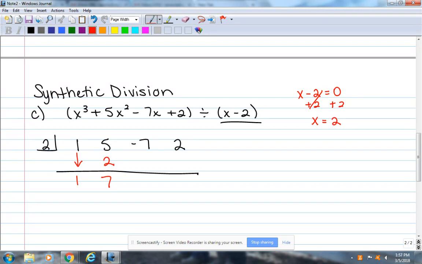Put 14 right here. What's -7 plus 14? 7. And what is 2 times 7 again? 14. Then you add 2 plus 14, and what do you get? 16. Now, this last little number right here is your remainder.